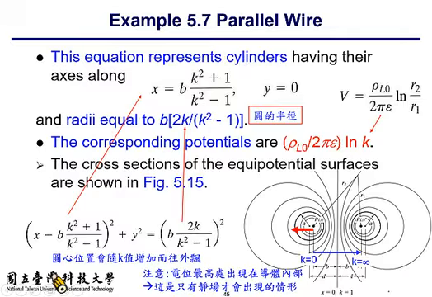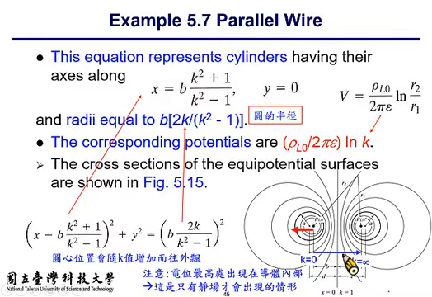So the circles shall move. The center of the circle will move to the left as the K value becomes larger and larger. And if K equals 1, the center of the circle will move to minus infinity.